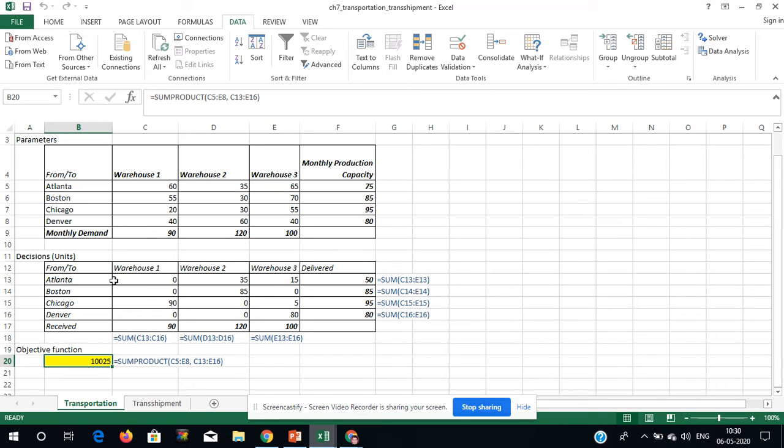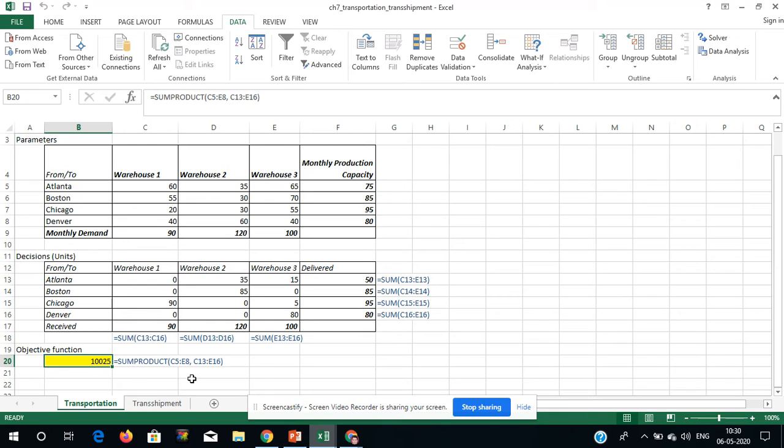Now you see from Atlanta to warehouse 2 is 35, warehouse 3 is 15. The number of units shipped from Boston is 85 units to warehouse 2. From Chicago, it is 90 units to warehouse 1 and 5 to warehouse 3. And from Denver, it is 80 to warehouse 3. So my total shipping cost comes out to be $10,025, and this is the minimum.